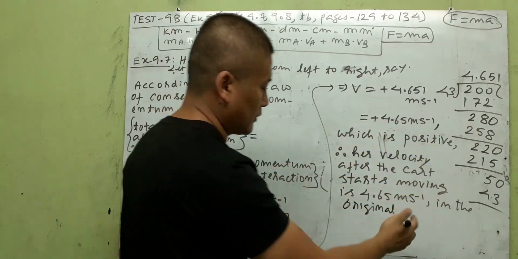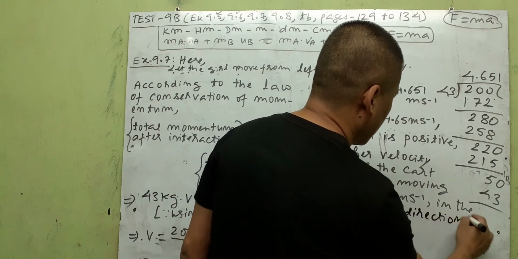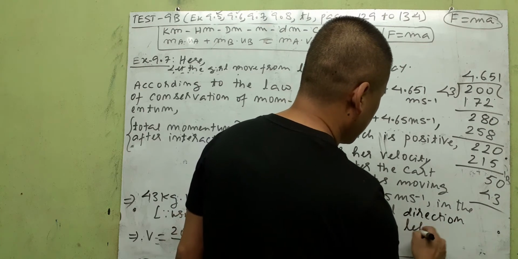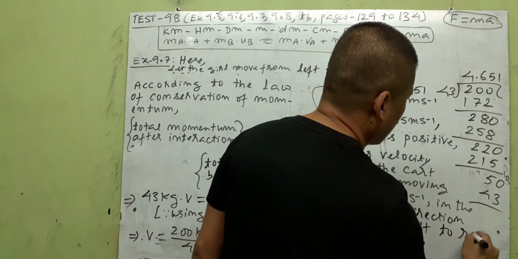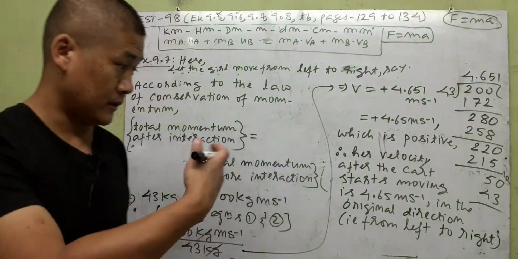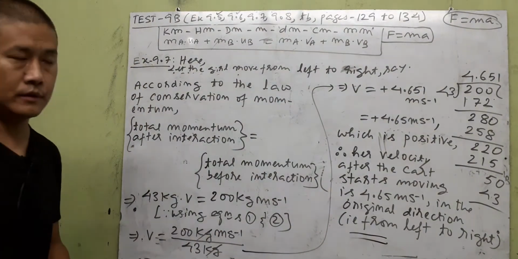Positive means still continuing in the original direction, still from left to right. Negative means in the opposite, but positive means same as the previous direction. Okay, so this is 4.65, the answer.